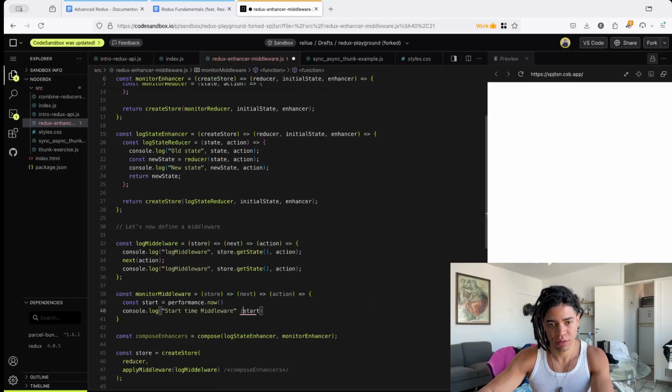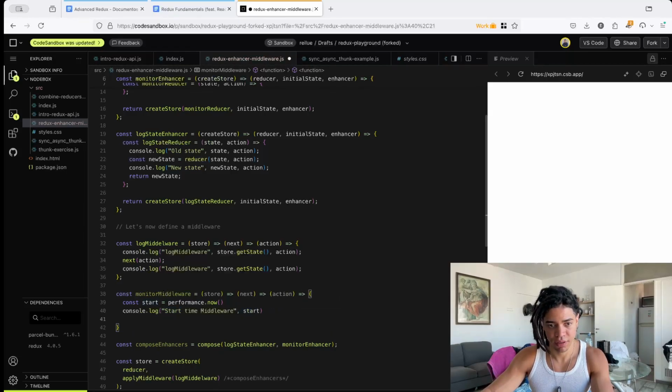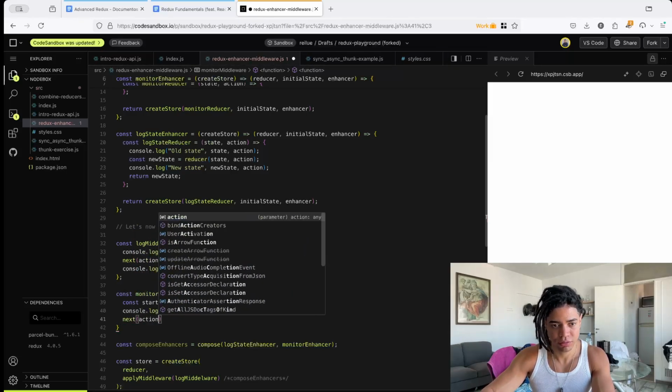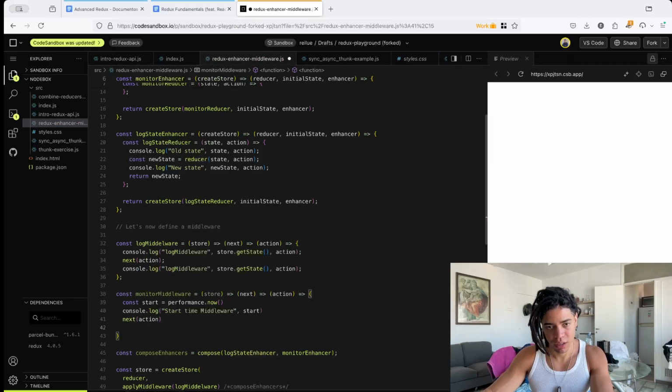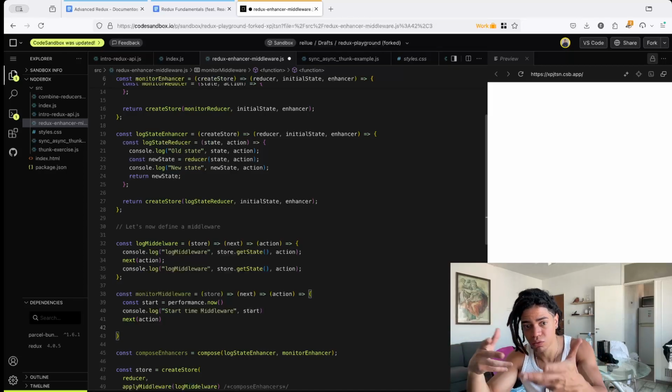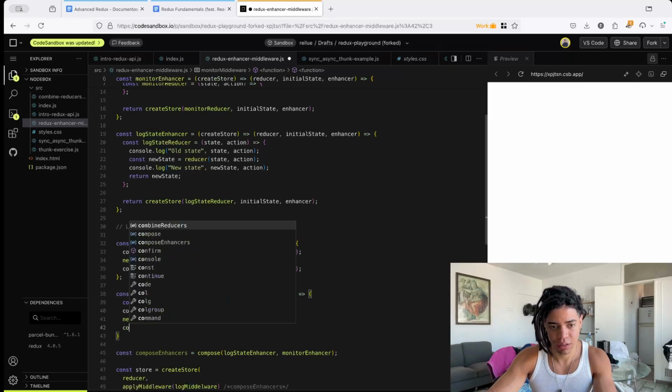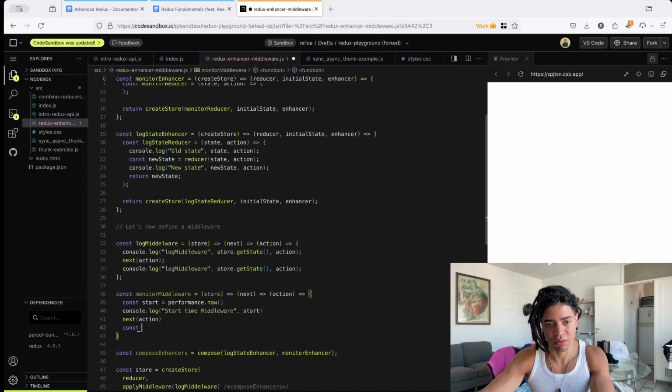Then you want to actually trigger the action. Hey, please trigger the action, whatever action it is, and after that I also want to know the end of this, which is great.